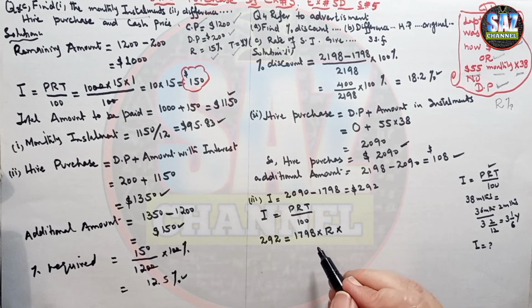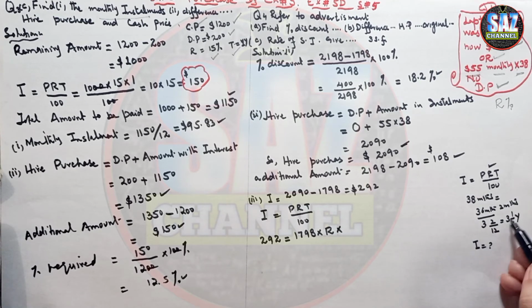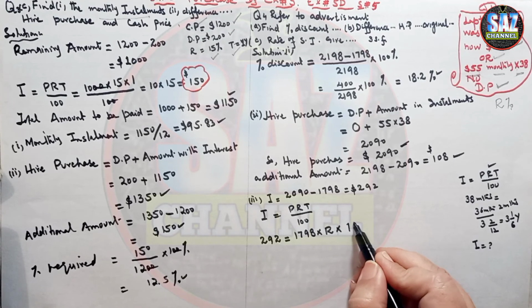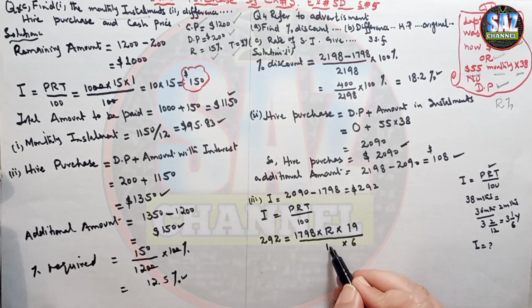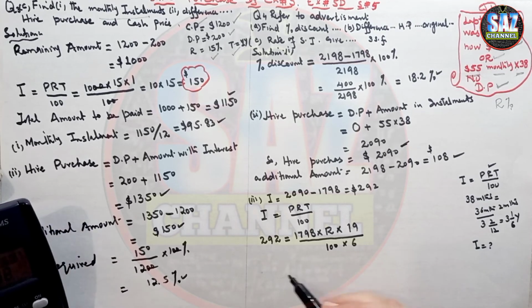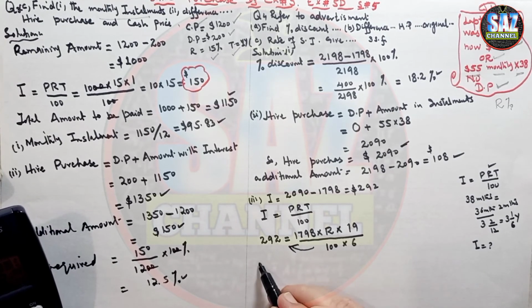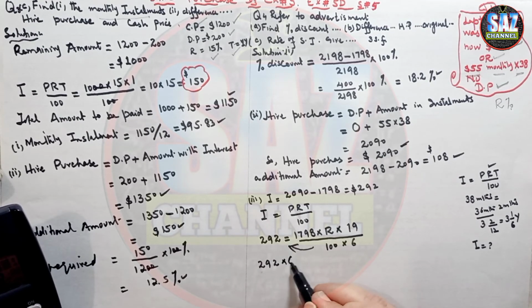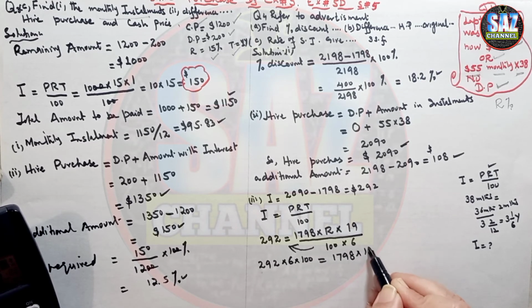Time is 3 whole 1 by 6 years, or 19 by 6, and multiplied by 100 in the formula. Now we can shift this denominator, that is 292 multiplied by 6 multiplied by 100 equals 1798 multiplied by 19 multiplied by R.